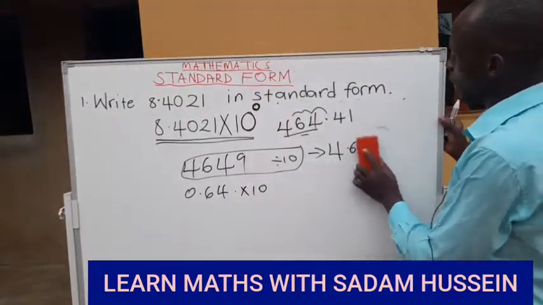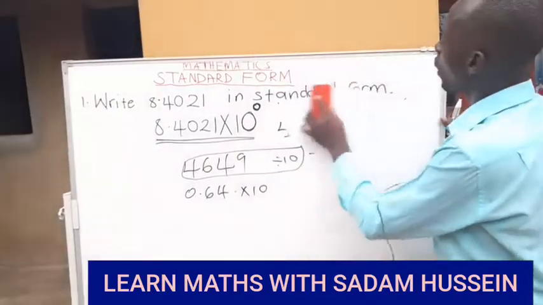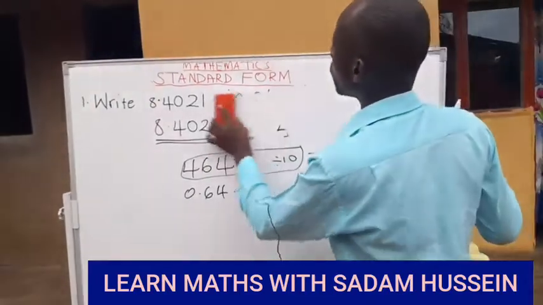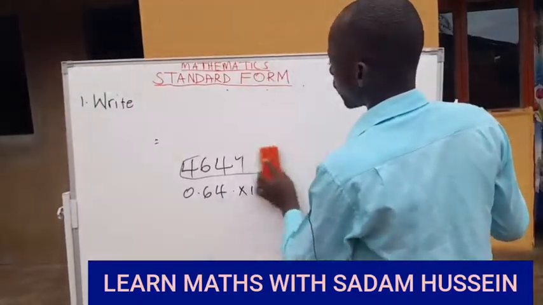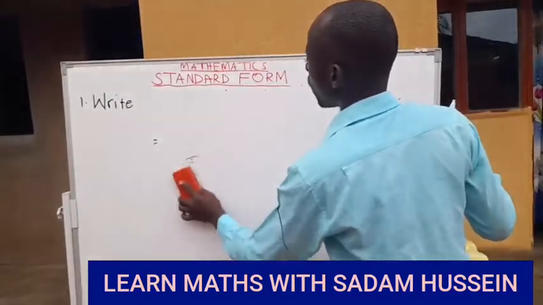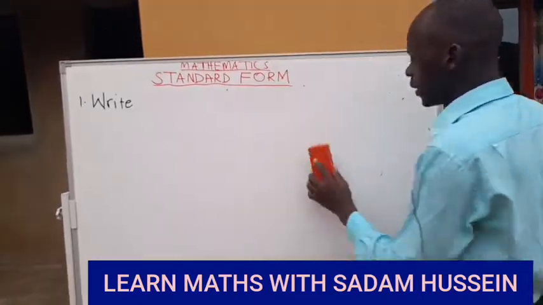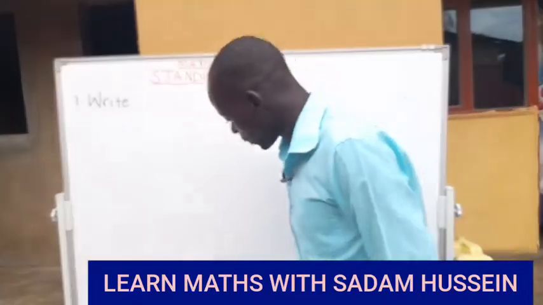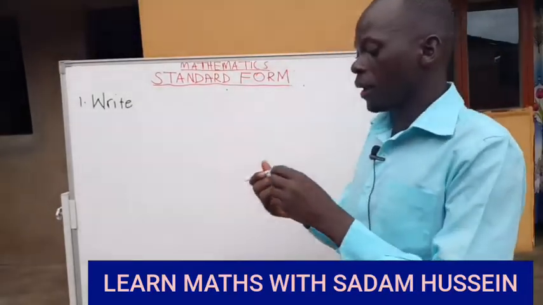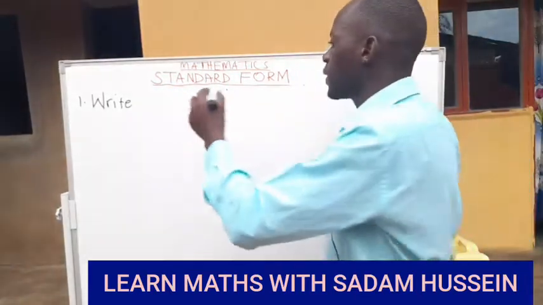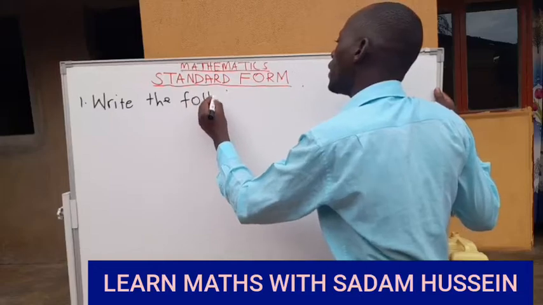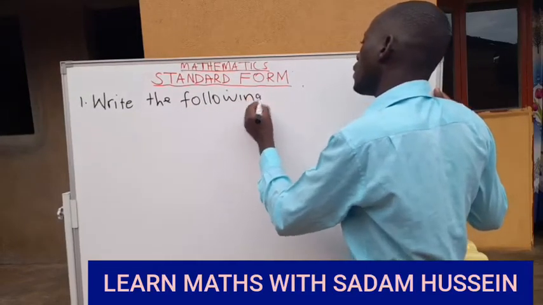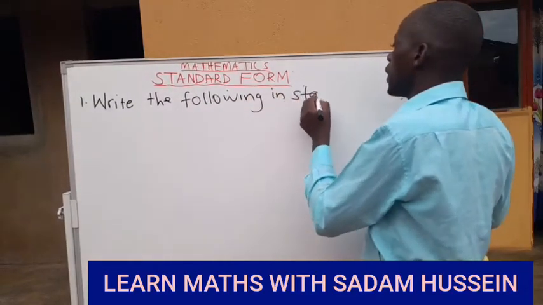Are we together, members? So I want us to do some few numbers as our exercise for today. Comparing to the other video, I want us to look at some few numbers here. Write the following in standard form.